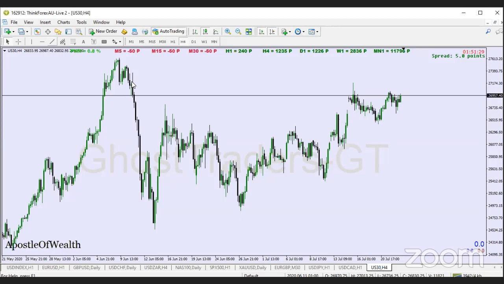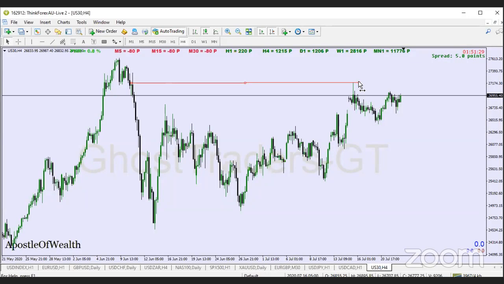So we get to see this now qualifies to be our base. Okay, so we get to draw our line like this, indicate our base. So this is our base that we indicate.